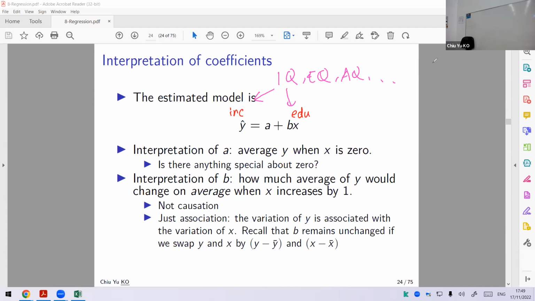But if you don't, then you don't, unless you have full control. And do note that what we try to explain is not about the way we describe, it's about the variation of Y associated with variation of X.